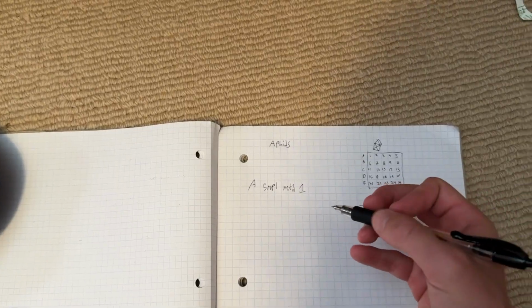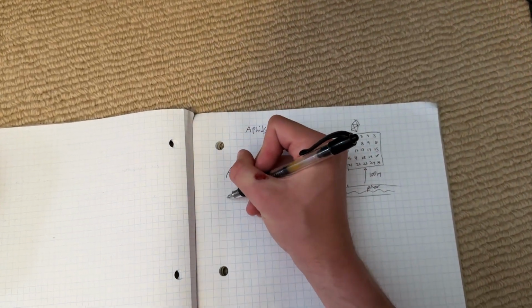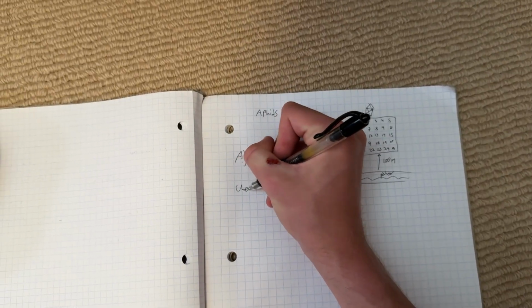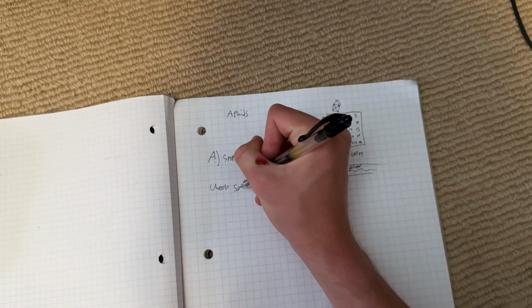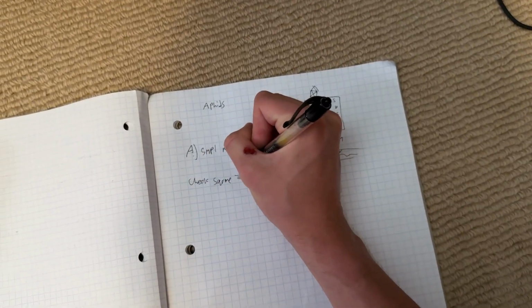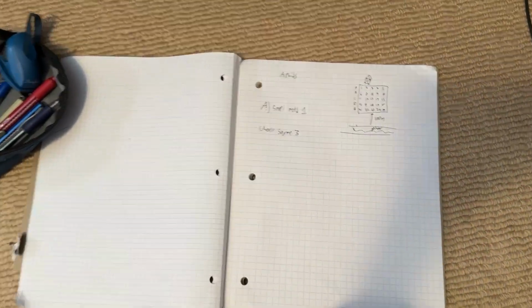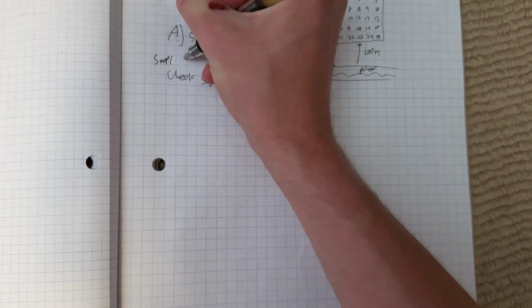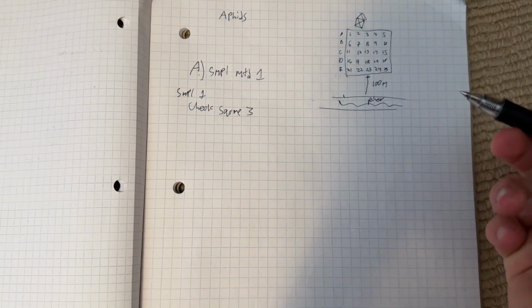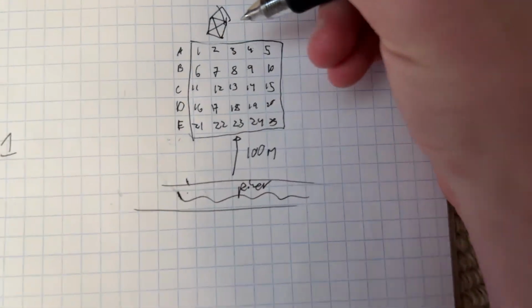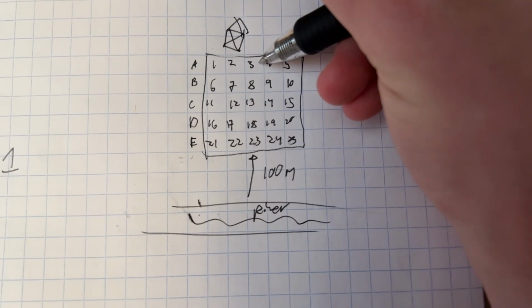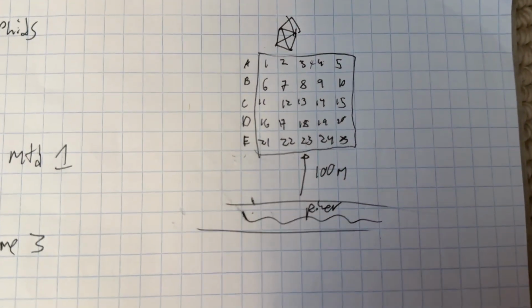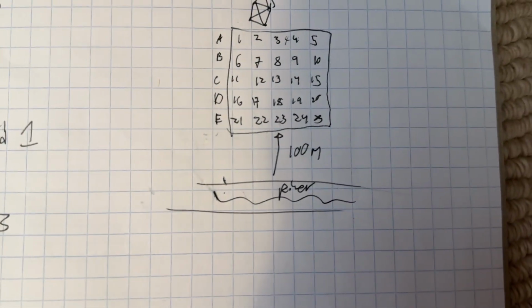So sample method 1 is literally check square 3 and just check sample square 3. So that means that we're going to be checking this one square, and only that square.